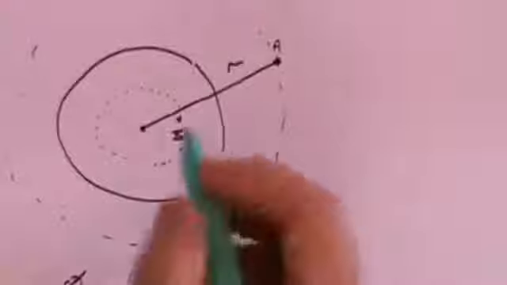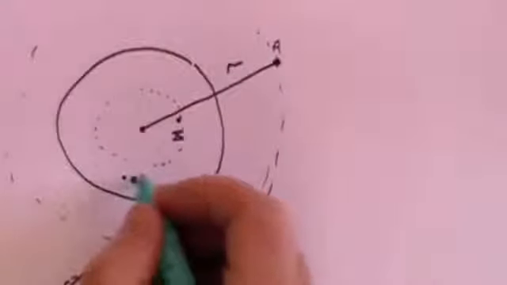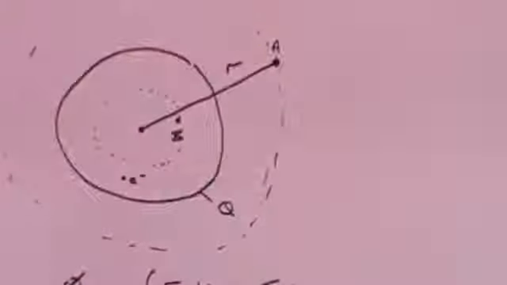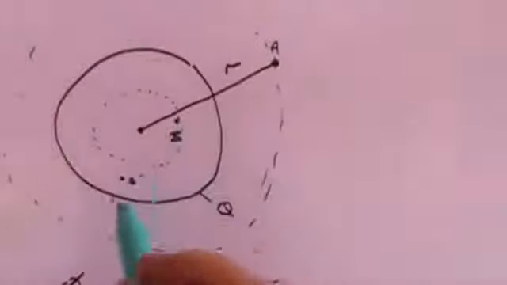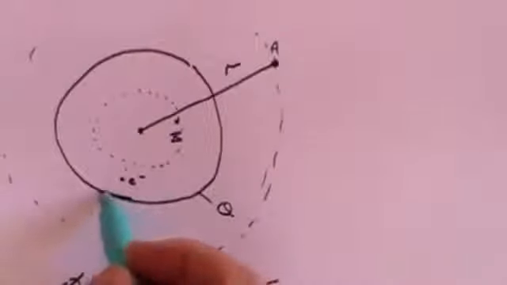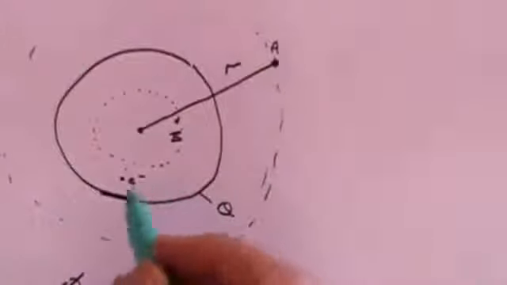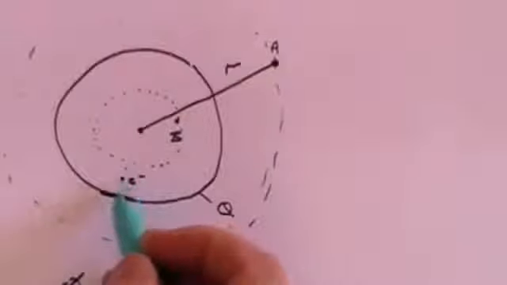Which means that if you were to put, say, an electron there, it wouldn't move, because there's no E field, there's no force acting on it. You might at first sight think that because the electron is much nearer this part of the sphere, the electron would be attracted to this bit of it.